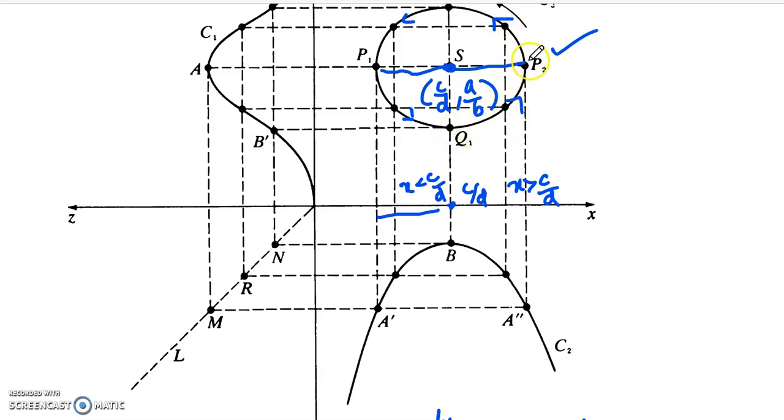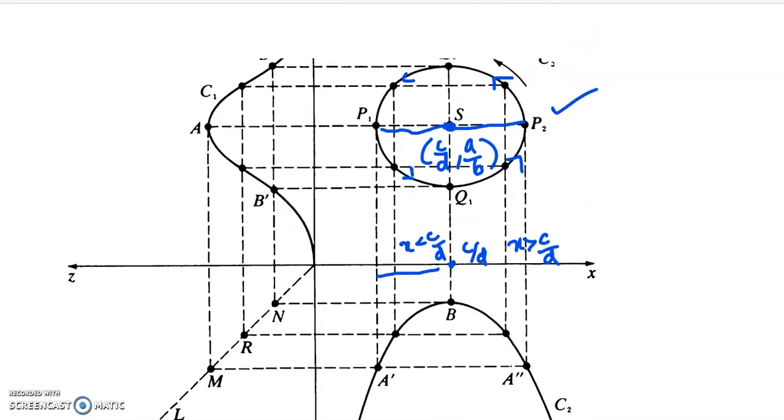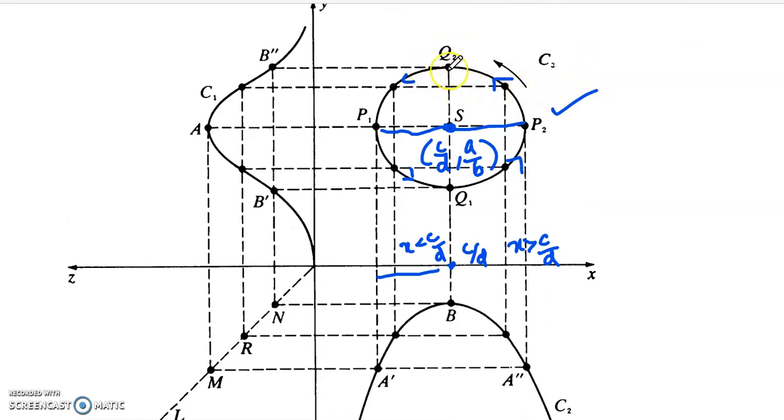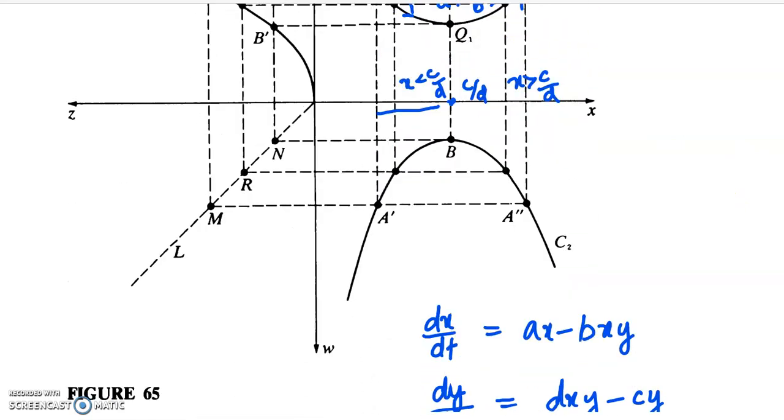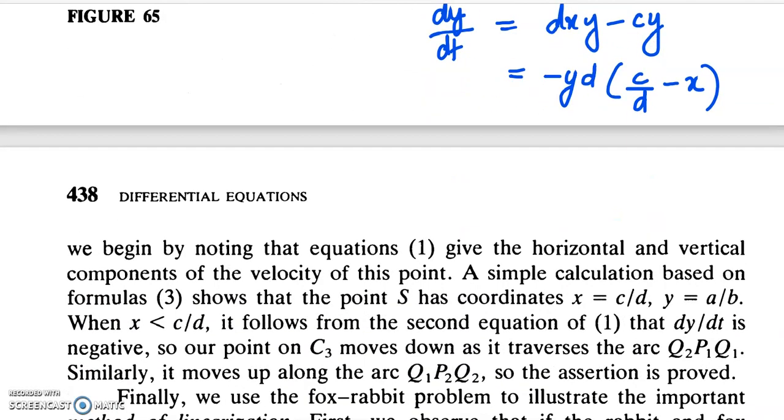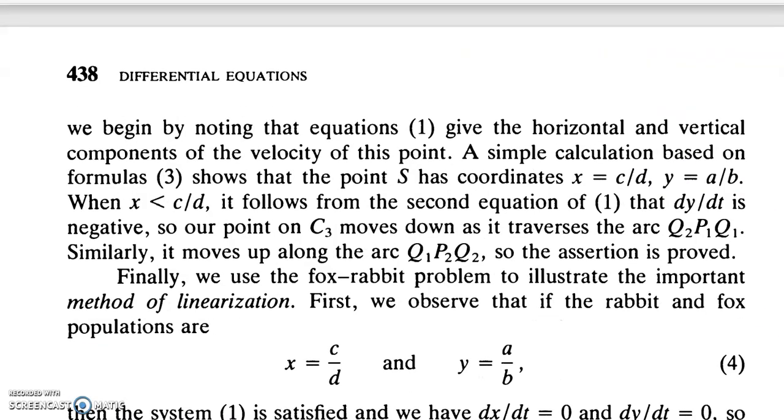So it will be moving in the direction of q1, p2, q2. So this actually gives that C3 is traced along the counterclockwise direction. So that completes the assertion. So as t changes, the curve C3 is traced along the counterclockwise direction.